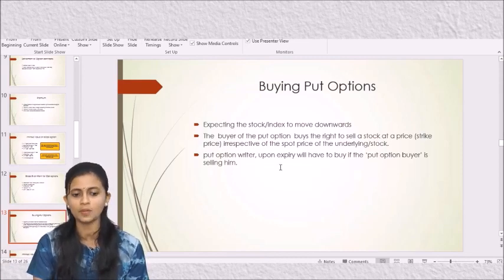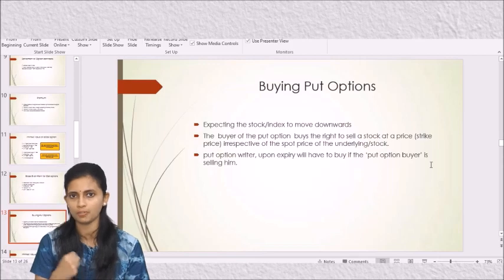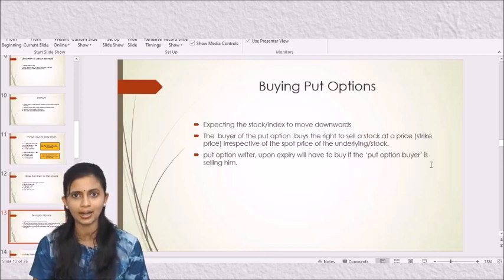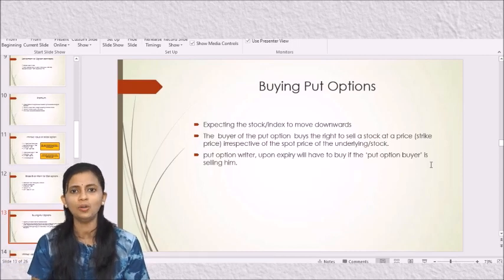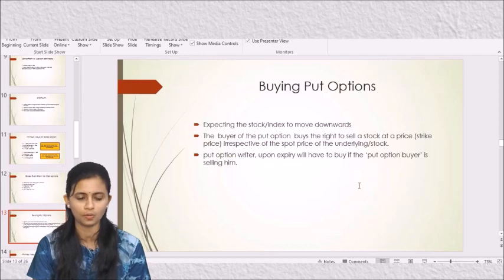So the put option writer upon expiry will have to buy if the put option buyer is selling to him. That is, the whole right is with the put option buyer. So the put option buyer will have the right to either execute the contract or to leave it to expire. Again, expiry and all these things are similar to call options.